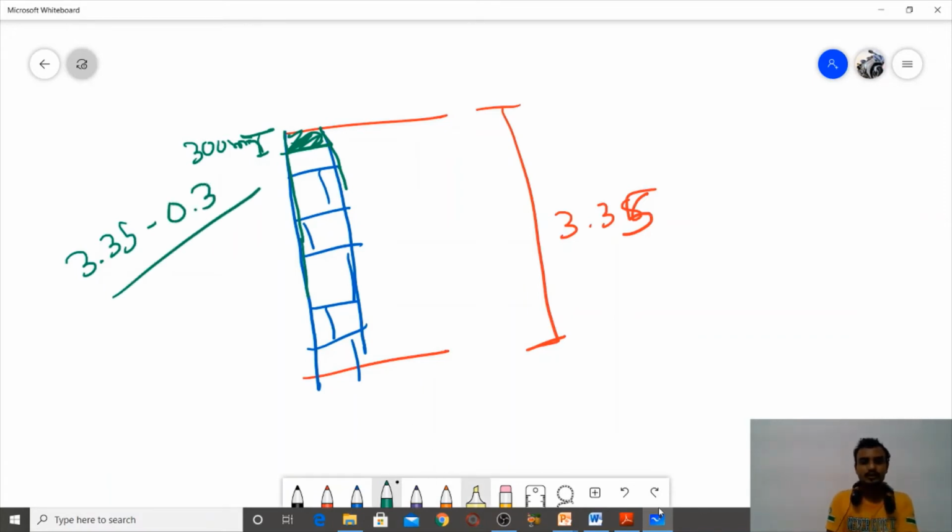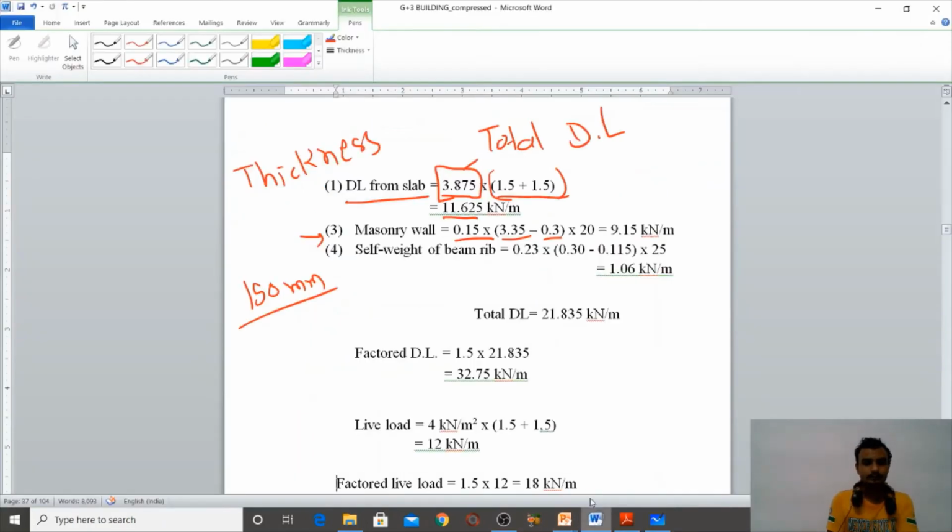This is called the actual wall height. Then 3.35 minus 0.3 into 20, where 20 is the unit weight of the wall. The result is 9.50 kilonewton per meter for the masonry wall.